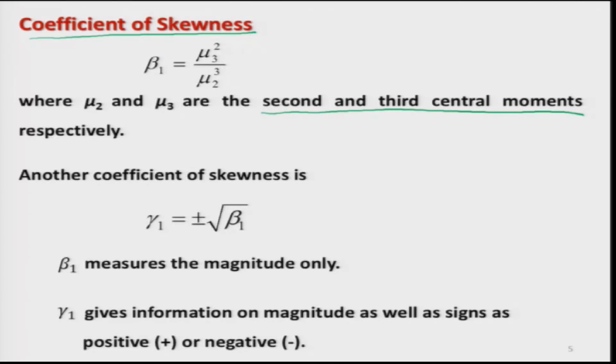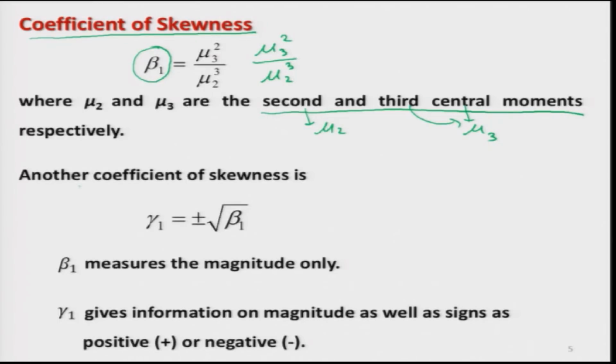You may recall that we had denoted the second central moment by mu2 and the third central moment by mu3. Now, the coefficient of skewness is denoted by beta 1 and this is defined as the square of the third central moment divided by the cube of the second central moment, and this is called the coefficient of skewness.